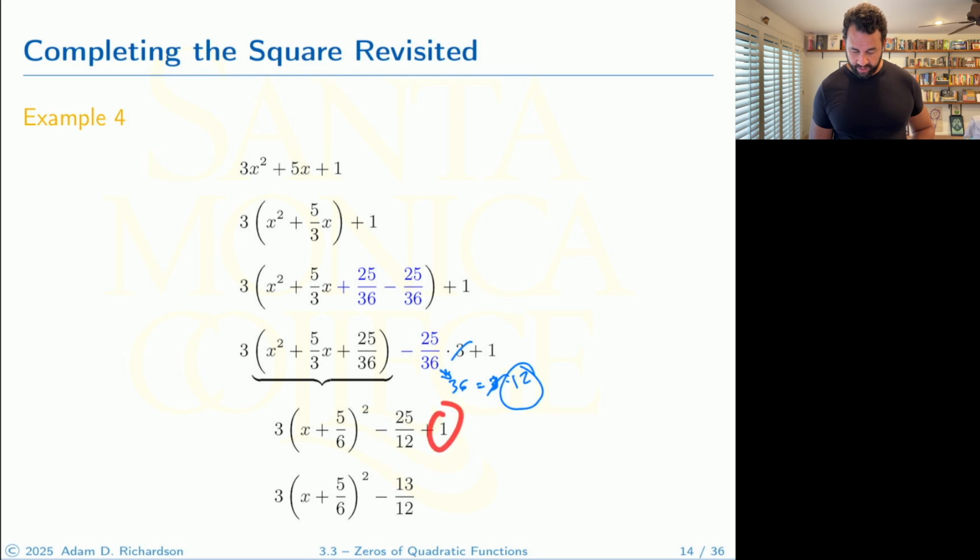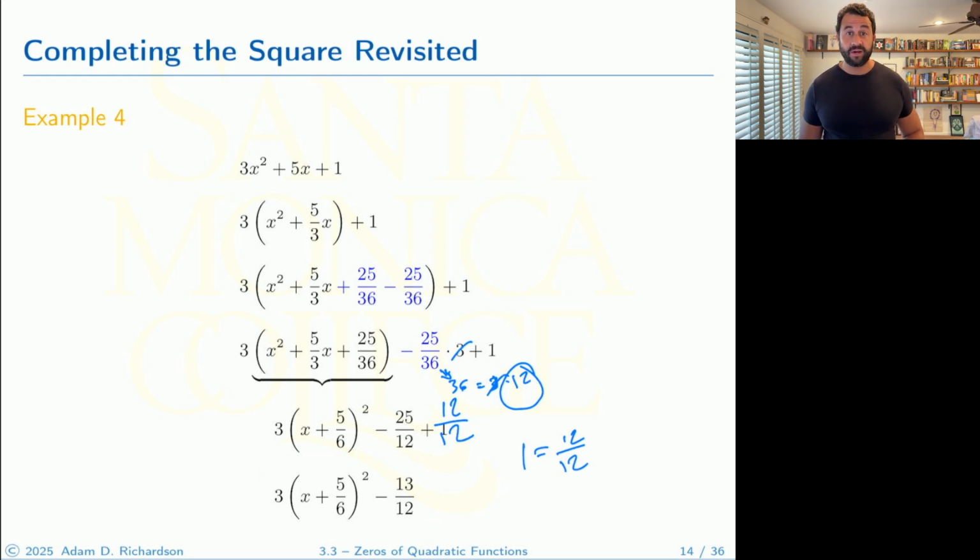We can write 1 as 12/12, just like we talked about back in, oh geez, what was it, section 1.6? You can write 1 as 12/12. And so then you end up with 12/12. Well, negative 25 plus 12 is negative 13. So we get negative 13/12. And we're done. Boom. Right.